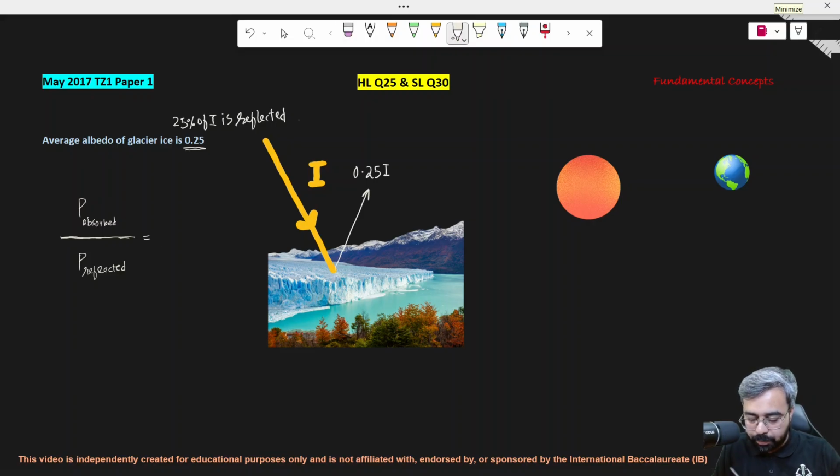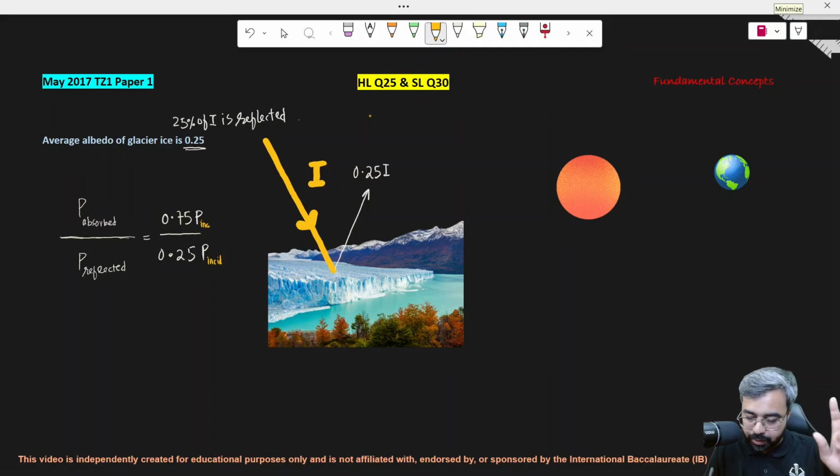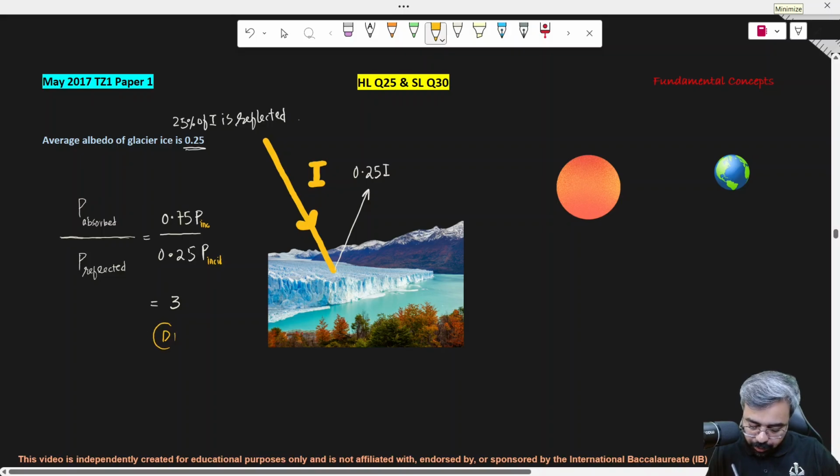Let's find out. It should be 0.75 I, or 0.75 of the incident power P. Remember that I'm saying incident power, right? It's 75% of the incident power. So you can easily calculate it. It should be 3. So the right answer is option D, but please stay in the video and see what happens.